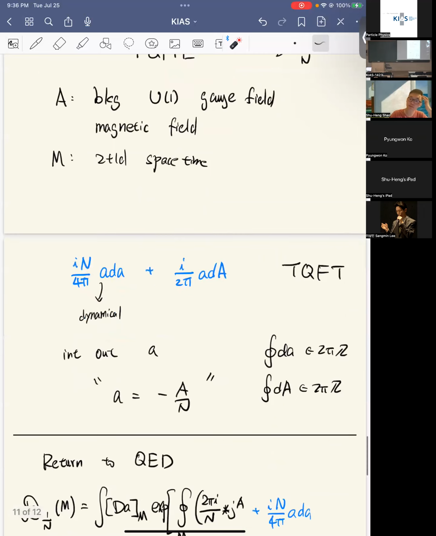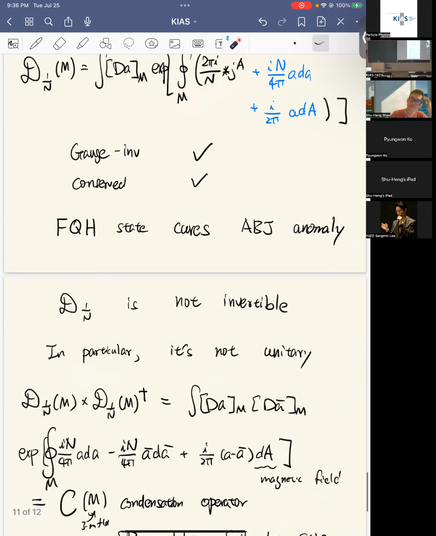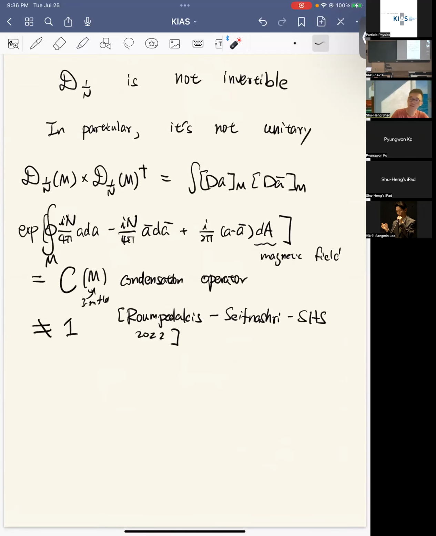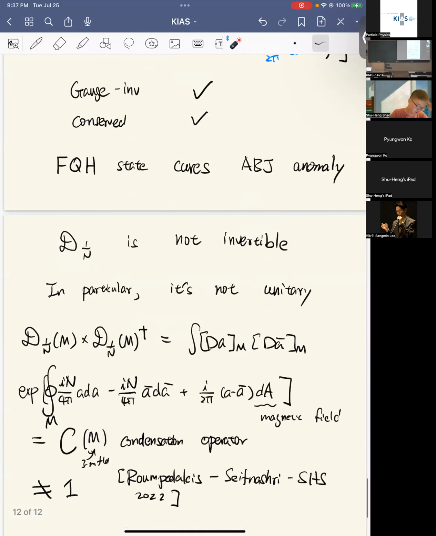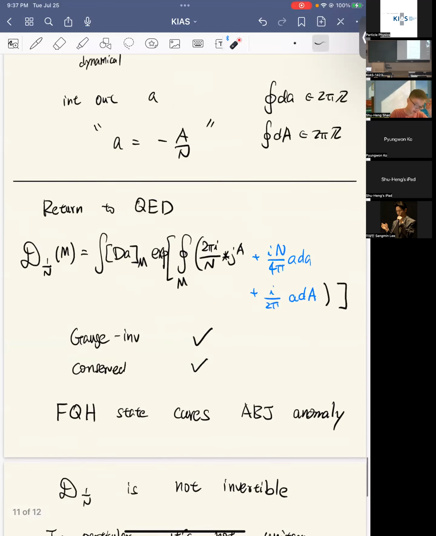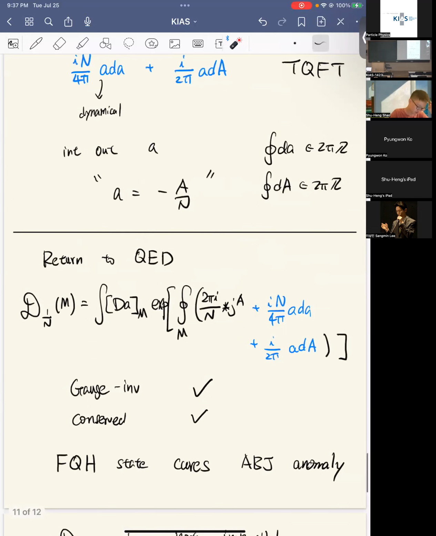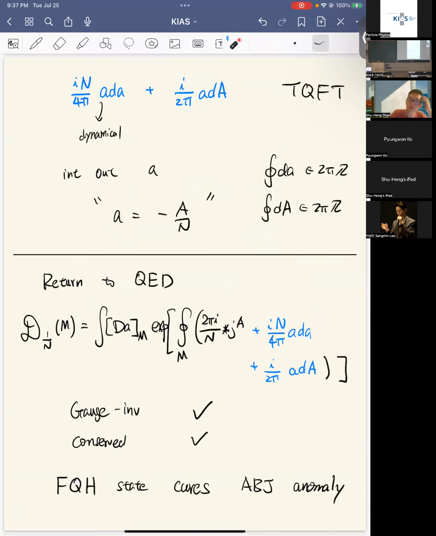Any other questions? Shu-Heng, what is the dynamical reason to have this small a field on every 3 manifold? The reason is that without this dynamical gauge field, I cannot write down... I know the reason why you want to introduce a, but forget about this construction and think about 4D QED coupled to massless Dirac fermions.